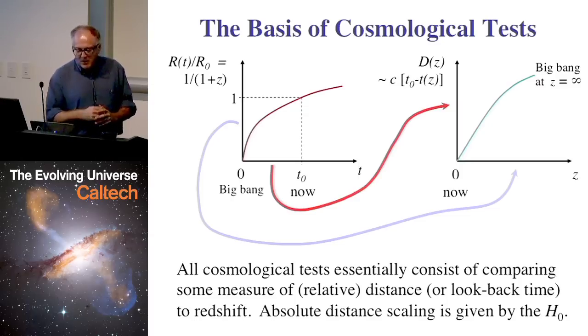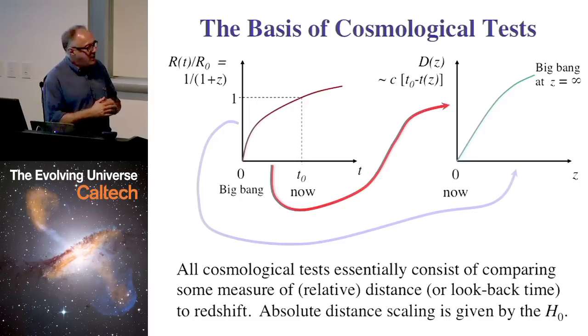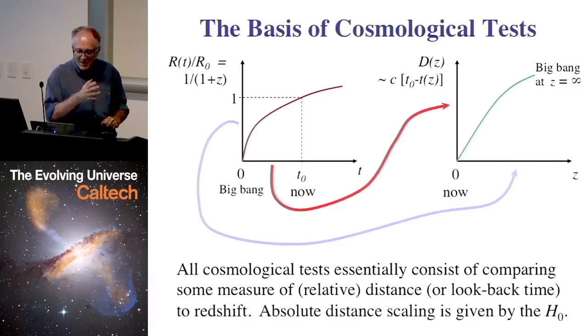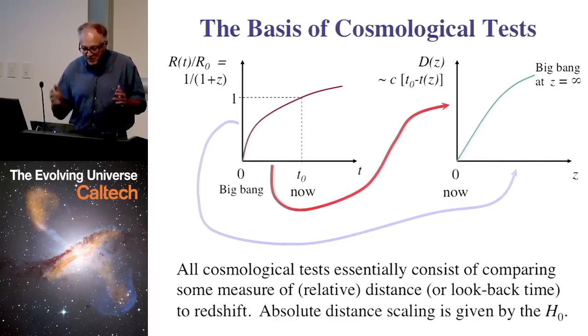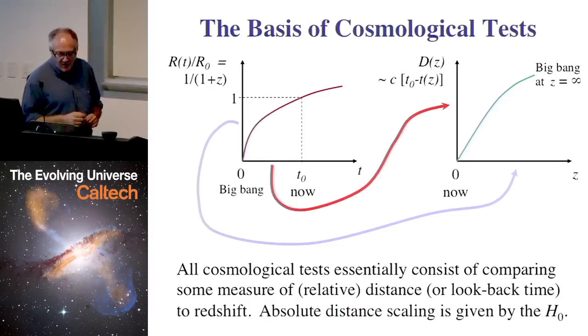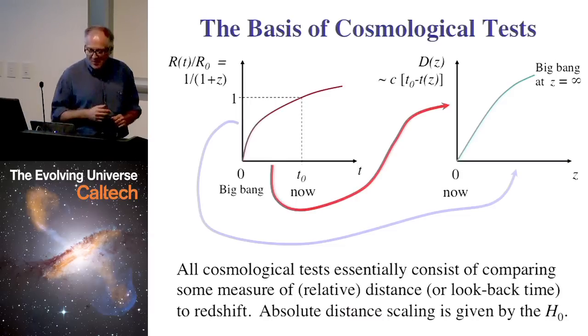So then you can transform this diagram, and now the x-axis is the redshift, because that's a relatively easy one to measure. So the scale factor is now the independent variable, because that's what we can measure easily, and we convert time into distance by multiplying it by the speed of light.